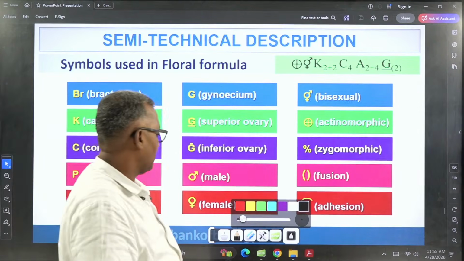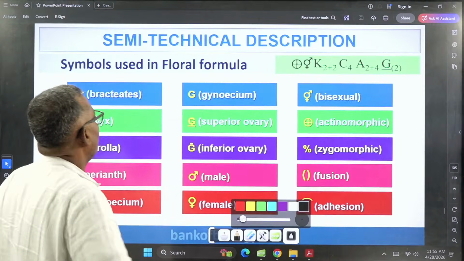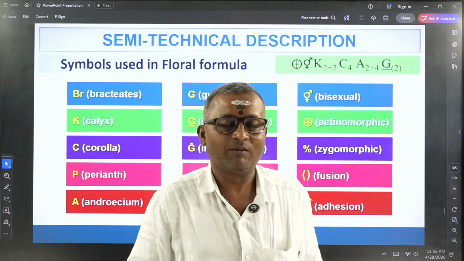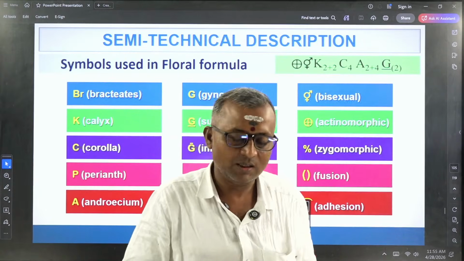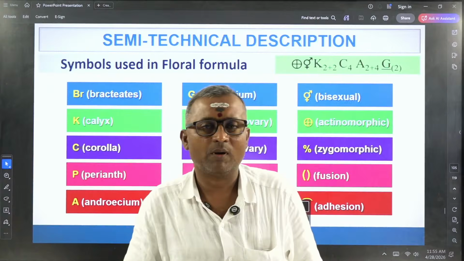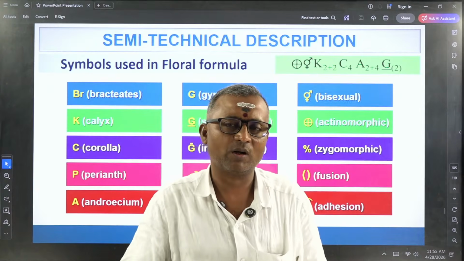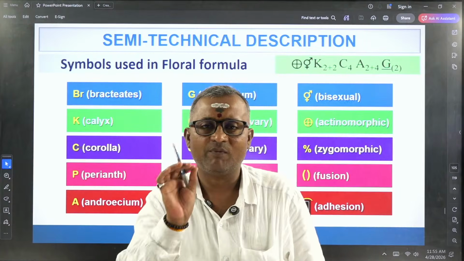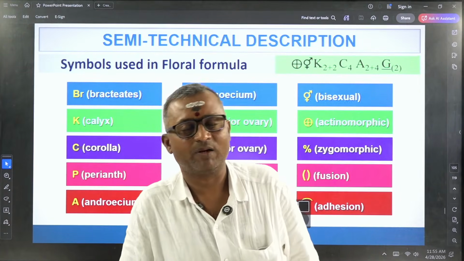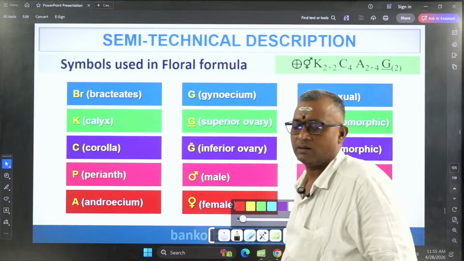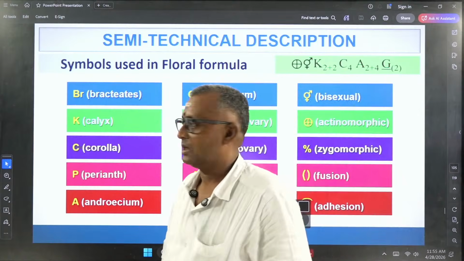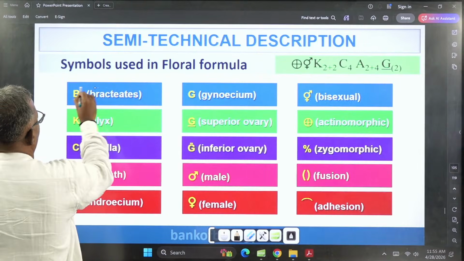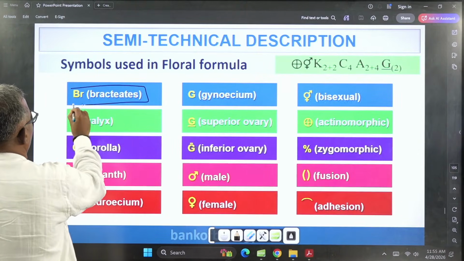So today I'm first going to give you some details with respect to the flower of a plant. Every floral part of a flower is represented with the help of a symbol. For example, take bract. If a flower has bract, such flowers are called bracteate flowers.